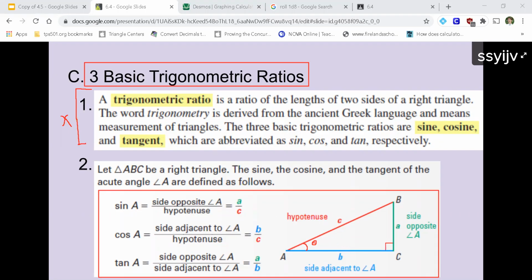This is a big deal right here. This right here is a super big deal. If you can understand this part of these notes, you raise your ACT score multiple points, because they always ask you about these trigonometric formulas on the ACT.